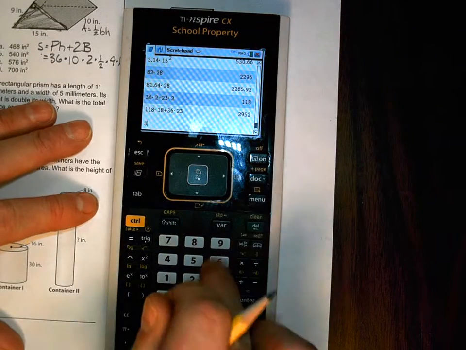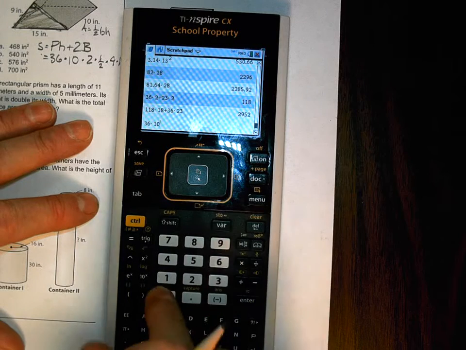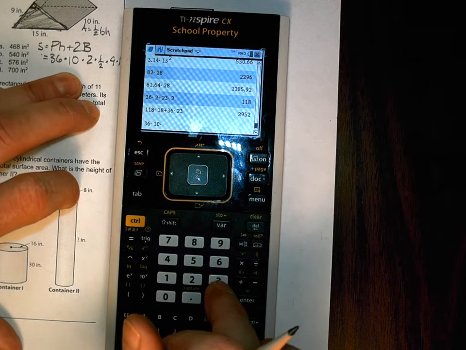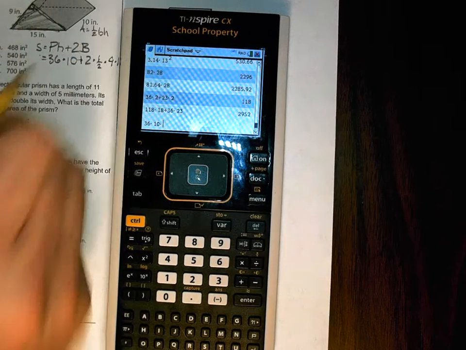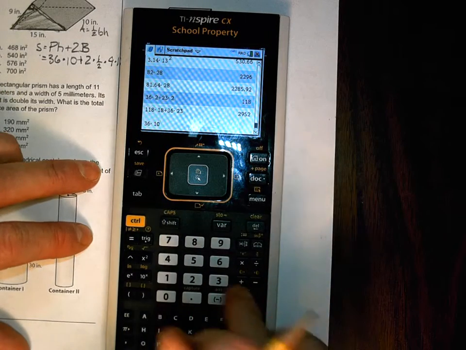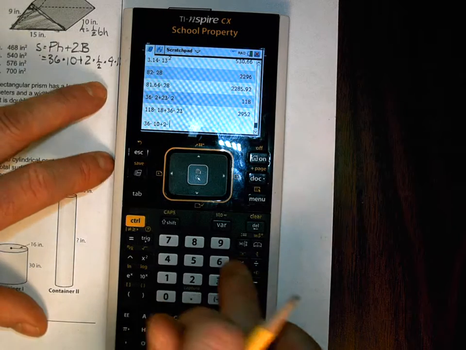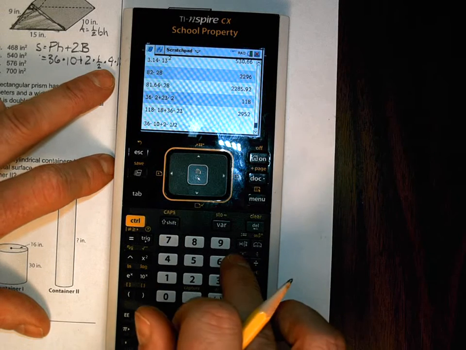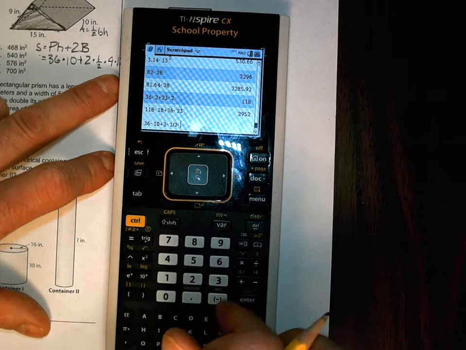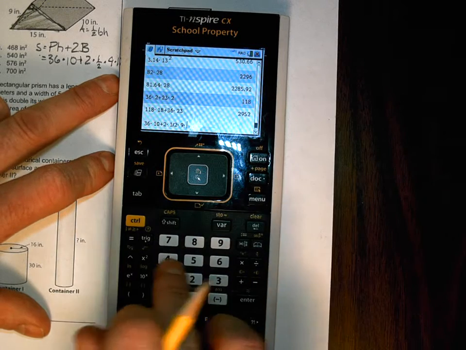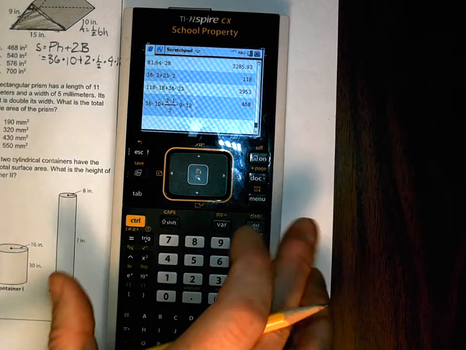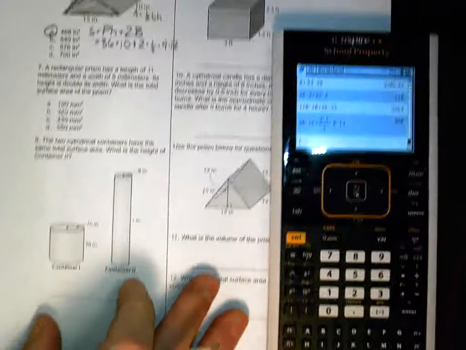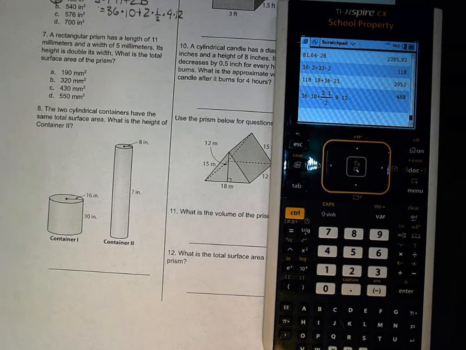So 36 times 10, plus 2 times 1/2, 1 divided by 2, times 9 times 12. Oh, sorry, that should be plus 2. And that gets me 468, which happens to be answer A. All right, moving on. Number 7.